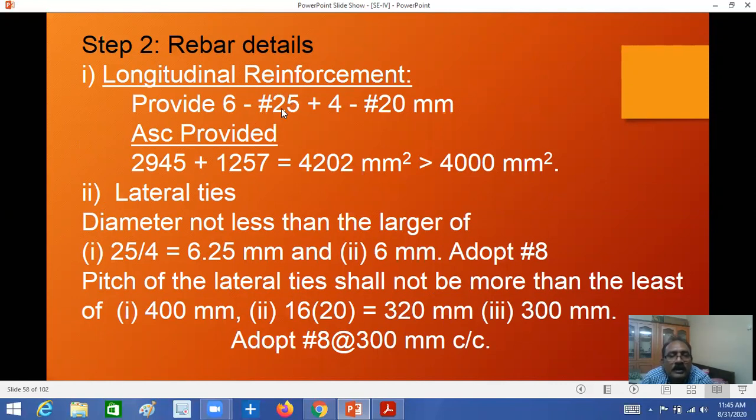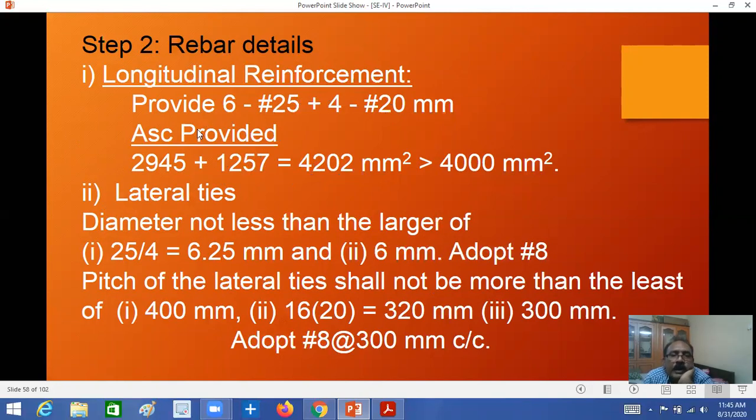For the 25 mm bar, each is around 490 mm square, so approximately 2,945 mm square, and for 20 mm bars, that is 315 mm square into 4, that is 1257 mm square. In total you will get 4,202 mm square, which is more than 4,000 mm square.